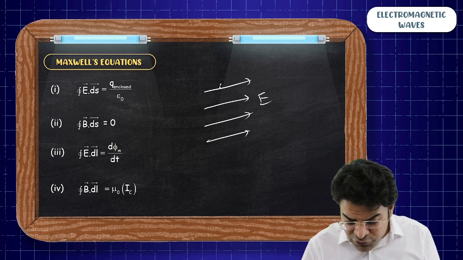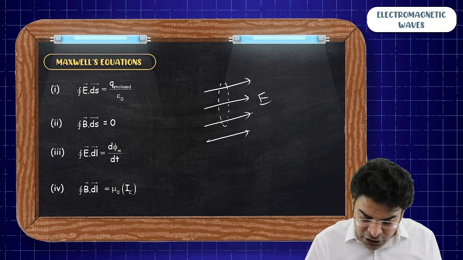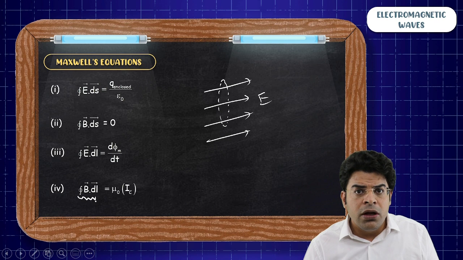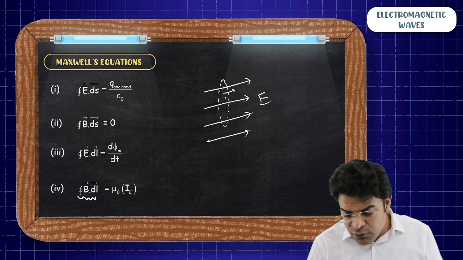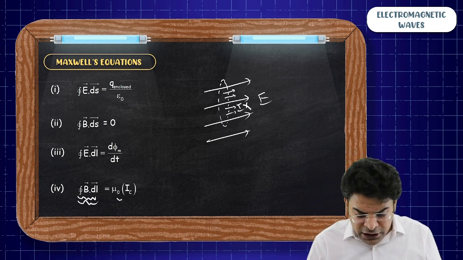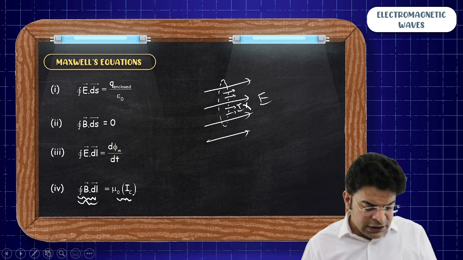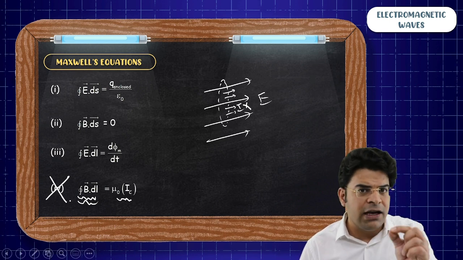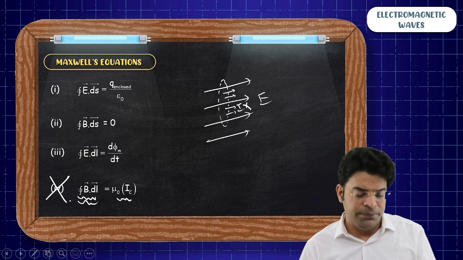For this Amperian loop, the closed integral of B dot dl is non-zero, but there is no current flowing through this loop. Since there is no current flowing through this loop, how can you have a non-zero quantity equal to a zero quantity? This means that something is wrong with Ampere's circuital law, and Maxwell made the correction.